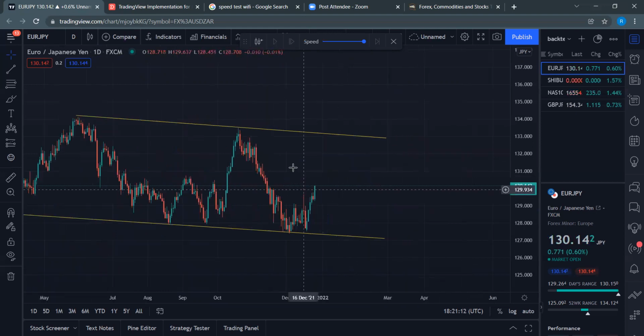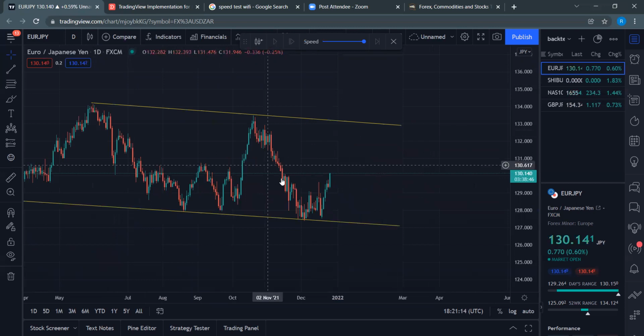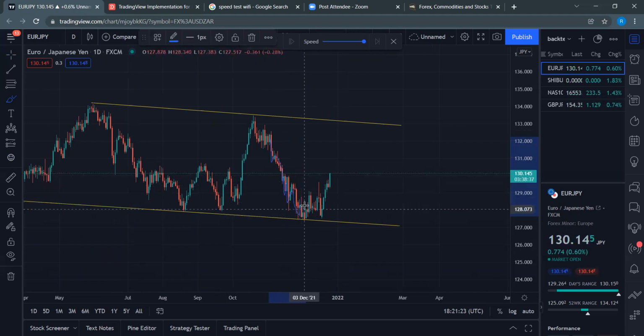Here on the daily, you can see how this market was moving. It was impulse, correction, impulse, correction, impulse, correction, and then impulse. We're expecting a correction, then impulse. So already you can see how this market is moving here on the daily.